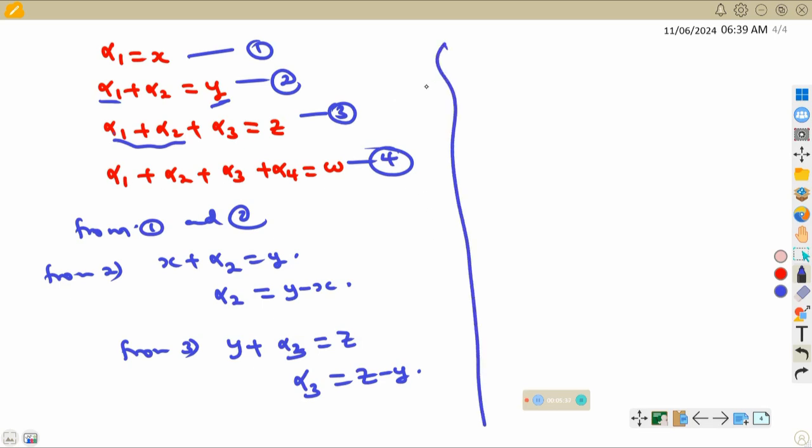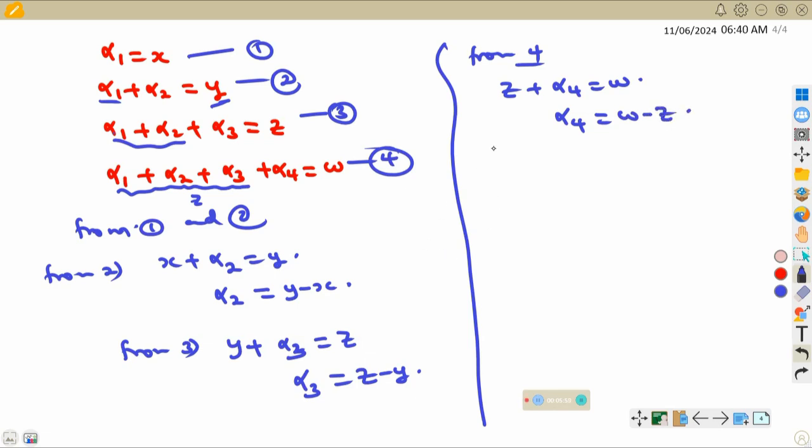Next, when we look at 4, from 4 we can easily see that alpha 1 plus alpha 2 plus alpha 3 is already z. So the whole of this is z. So we can say z plus alpha 4 is equal to w, and alpha 4 will be w minus z.